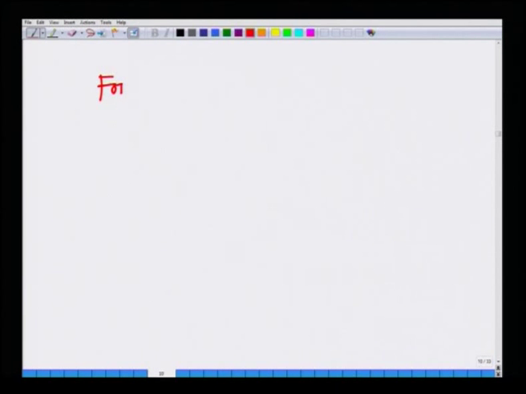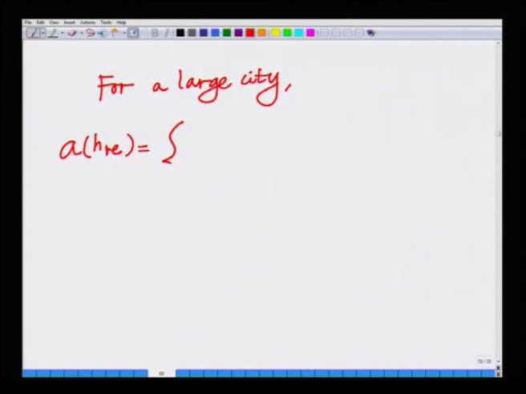And for a large city, these correction factors are given as follows. Again here we have two expressions for a large city.